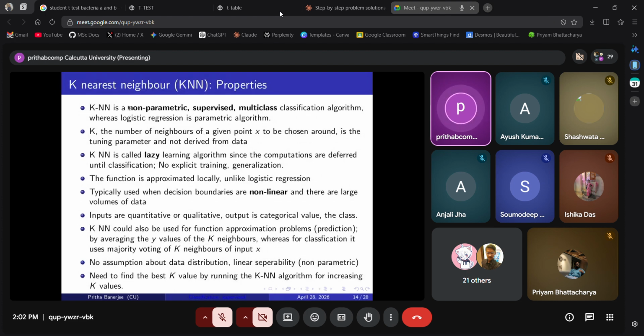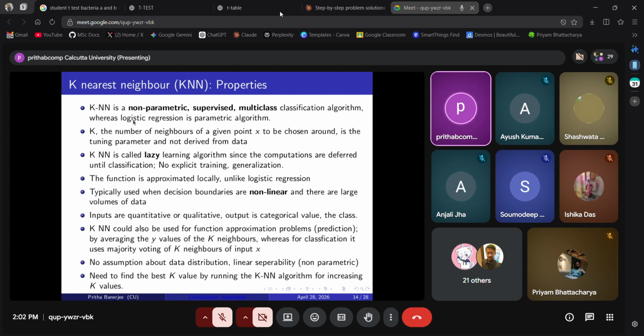So what are the properties of k nearest neighbor? It is a non-parametric, supervised algorithm. Non-parametric in the sense that we don't estimate any parameters, like beta 0, beta 1 and so on in linear regression. It is supervised, obviously. You can use KNN for multiple class classification.